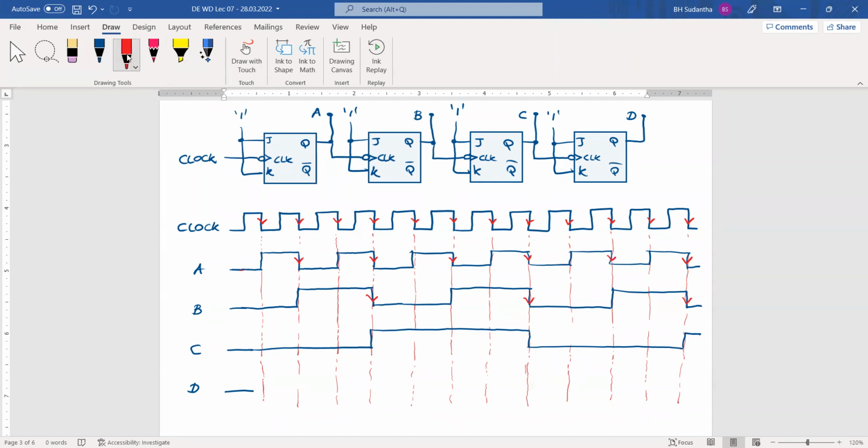Now we can draw D by considering C. Is it okay?